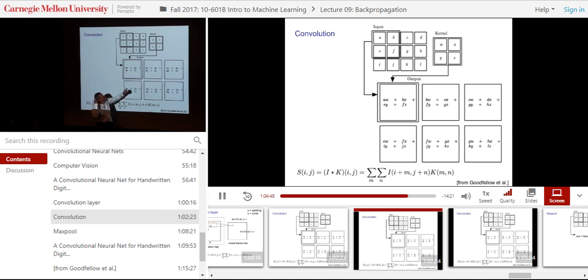The difference here is that those 6 units are sharing the same weight parameters. So there's really only one kernel matrix, and it's getting used every single place that the kernel is being applied. So it's like training 6 units, but their weights are all tied together.